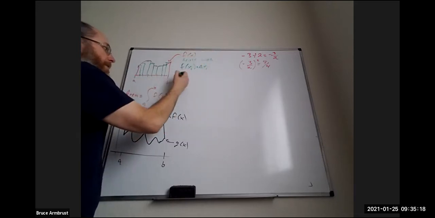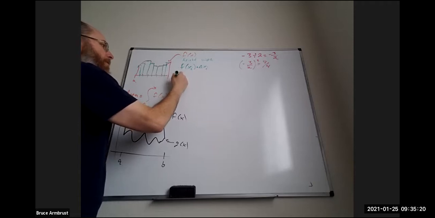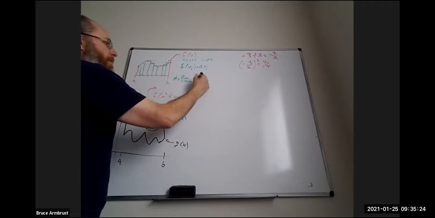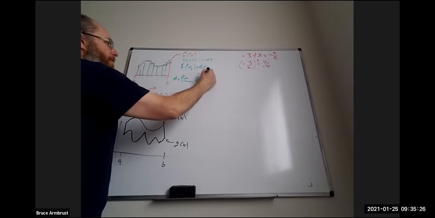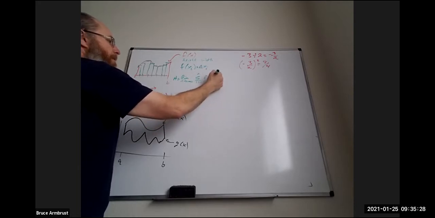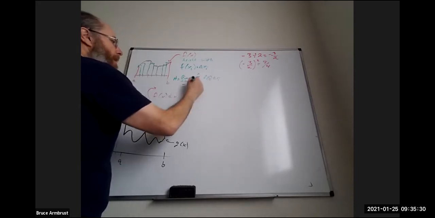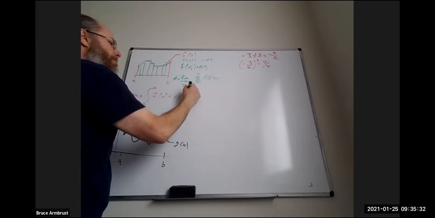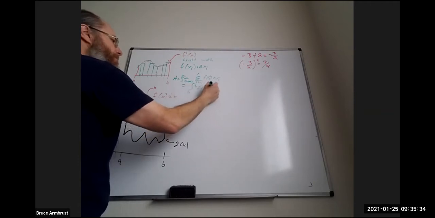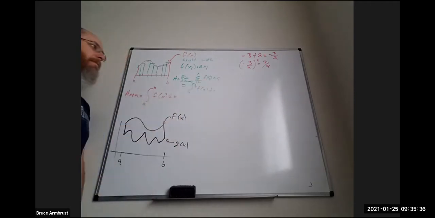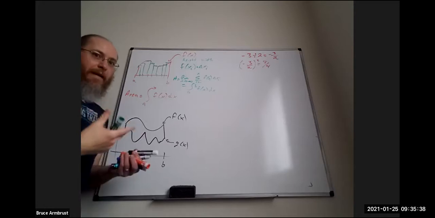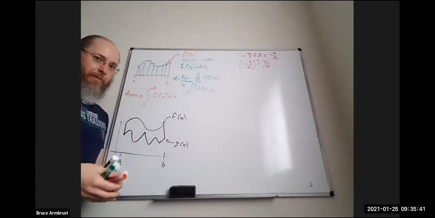And then to get the actual value, we just took the limit as n goes to infinity of the sum of these things, right? And that ended up being the integral. So we broke it down into rectangles and then added them up.